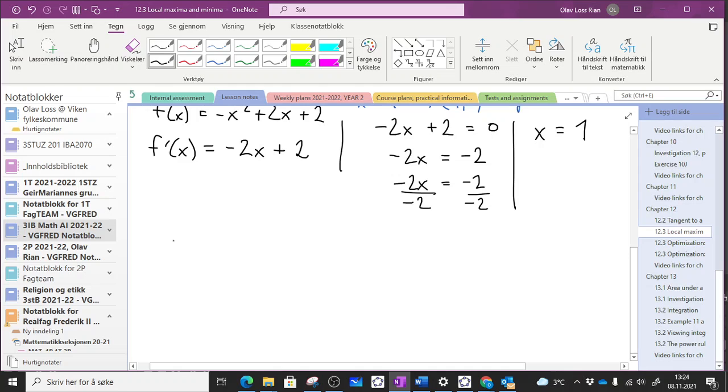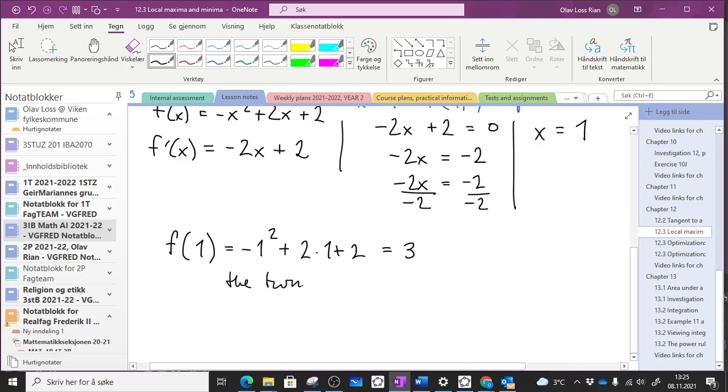We also want the y-coordinate, so we can put it into the original function. F of 1 is equal to minus 1 squared plus 2 times 1 plus 2, which is minus 1 plus 2 plus 2, so that's going to be 3.